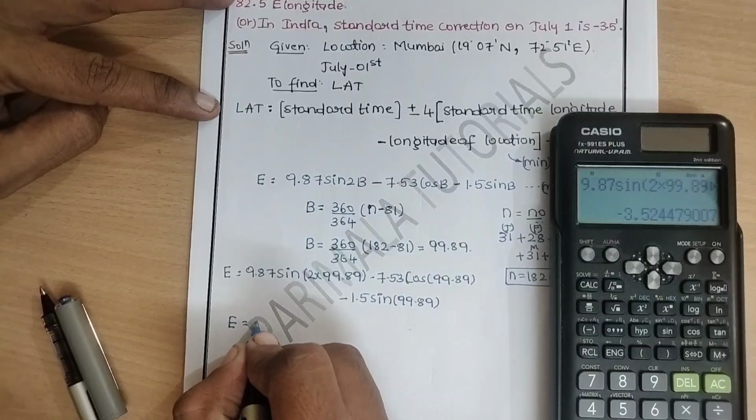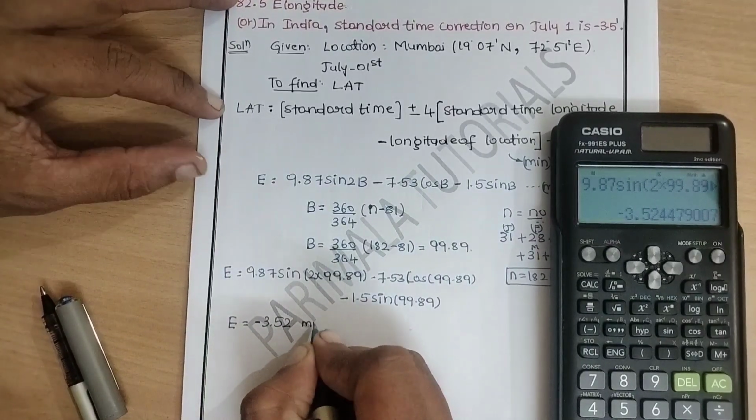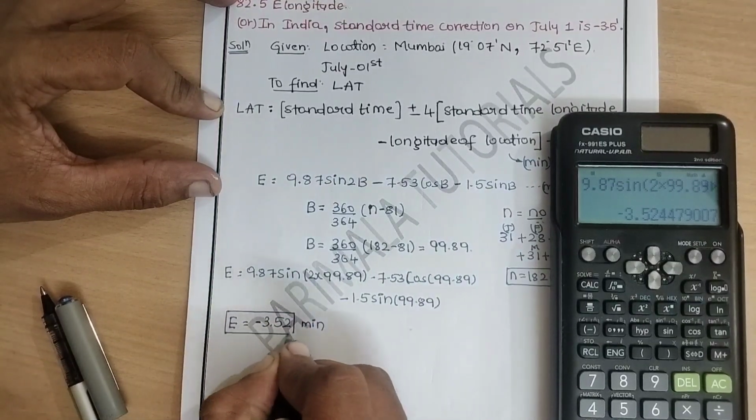Therefore, the value of E is equal to minus 3.52. As I told you, the equation of time will be in terms of minutes.